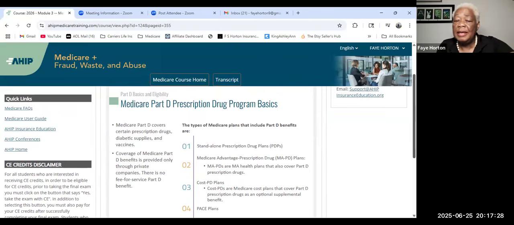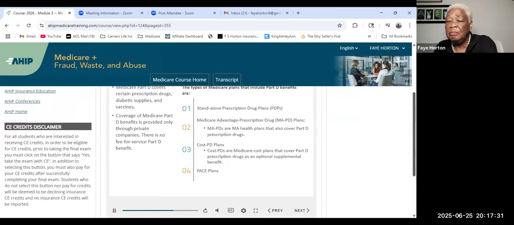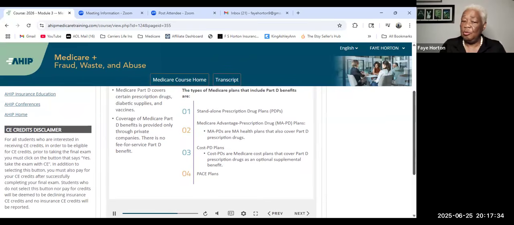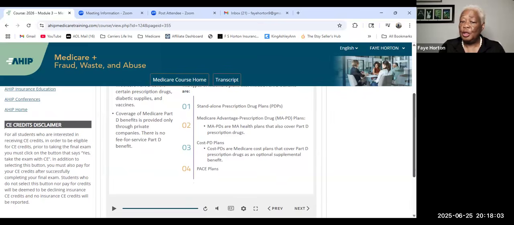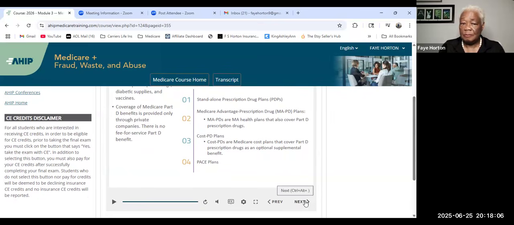The types of Medicare plans that include Part D benefits are standalone prescription drug plans, Medicare Advantage prescription drug plans, those are Medicare Advantage plans with prescription drugs included, cost prescription drug plans, which are Medicare cost plans that cover Part D prescription as an optional supplemental benefit, and PACE plans. Those are the 4 types of Medicare plans that include Part D benefits.